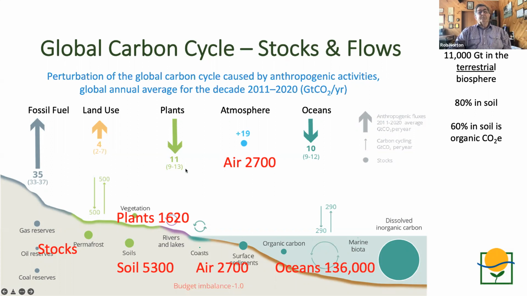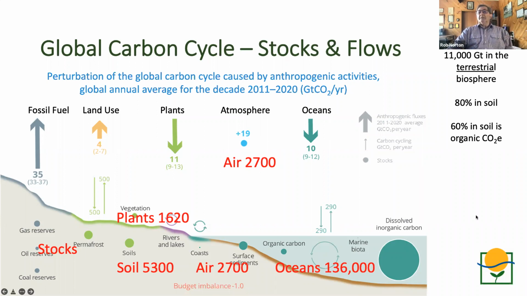Plants, our good friends, are absorbing about 11 gigatons. And the oceans are absorbing about 10 gigatons. And so what we see in terms of that balance is that we've got about 19 gigatons of carbon increasing each year in the atmosphere.